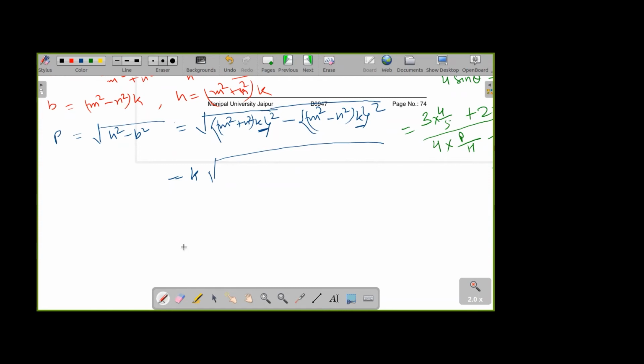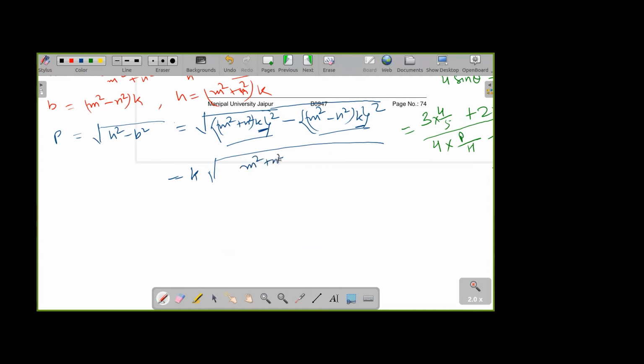If you have studied the formula a square minus b square equal to a plus b, a minus b, we can apply it here. This is a whole square and this is a square also. So instead of a, we have m square plus n square.